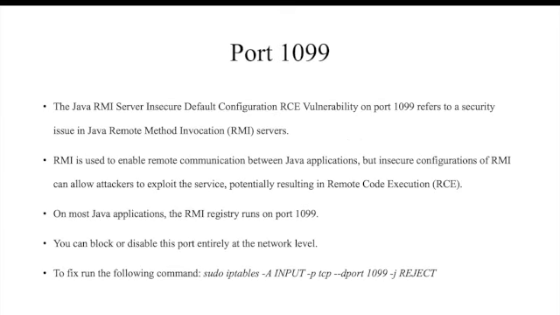Port 1099. The Java RMI server insecure default configuration vulnerability on port 1099 refers to a security issue in Java Remote Method Invocation servers.